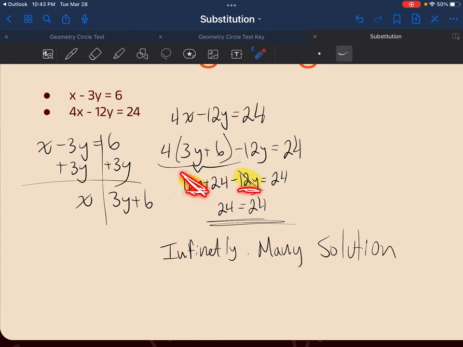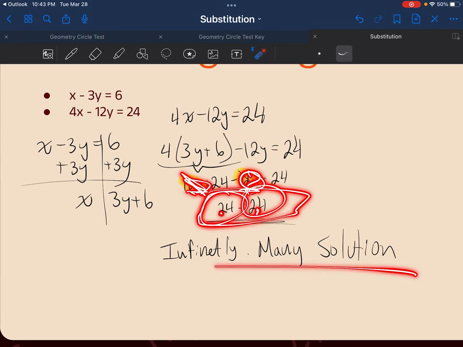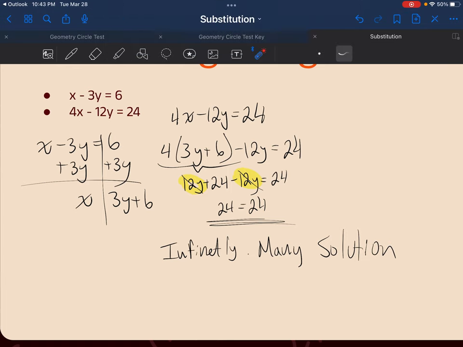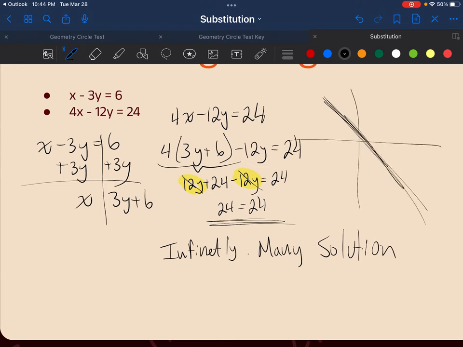So once again, if our letters cancel out like they did here, and we're left with two numbers that match, my solution is going to be infinitely many solutions. That means that these two equations are essentially the same equations. So just like you did in graphing, if you were to graph both of them, they would be overlapping.